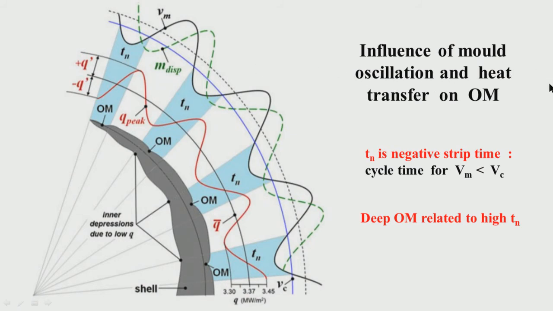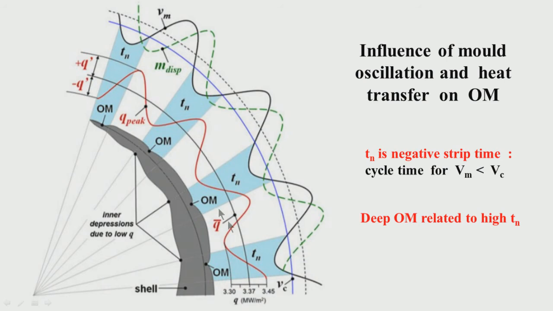So, this is mold oscillation and heat transfer. Now look at what is happening to the heat transfer. Because of the mold oscillation, there is a base heat transfer, and on top of that there is a cycle of heat transfer. The base heat transfer line is this; this figure is based on some modeling, so some calculation has been done.